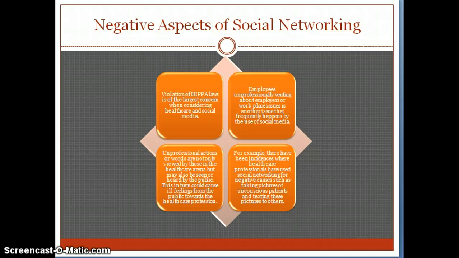For example, there have been incidences where healthcare professionals have used social networking for negative causes, such as taking pictures of unconscious patients and texting these pictures to others. Now, this specific example is just legally and ethically wrong and should not be done.